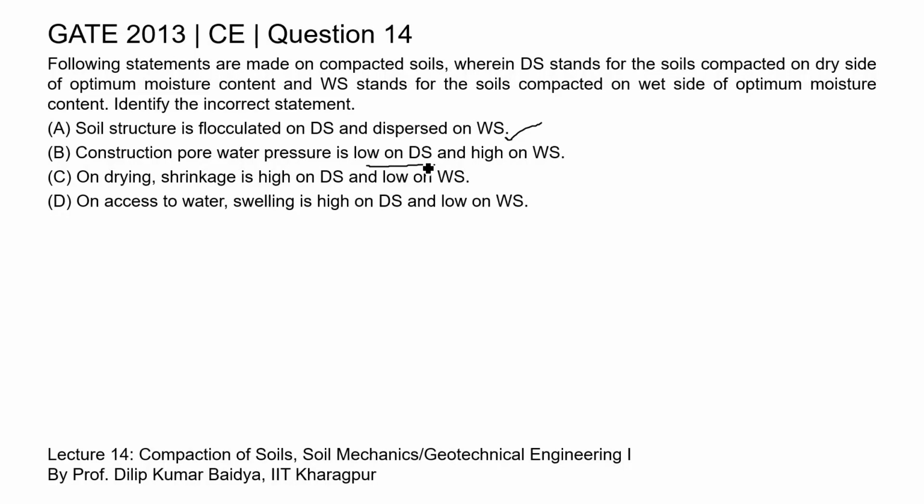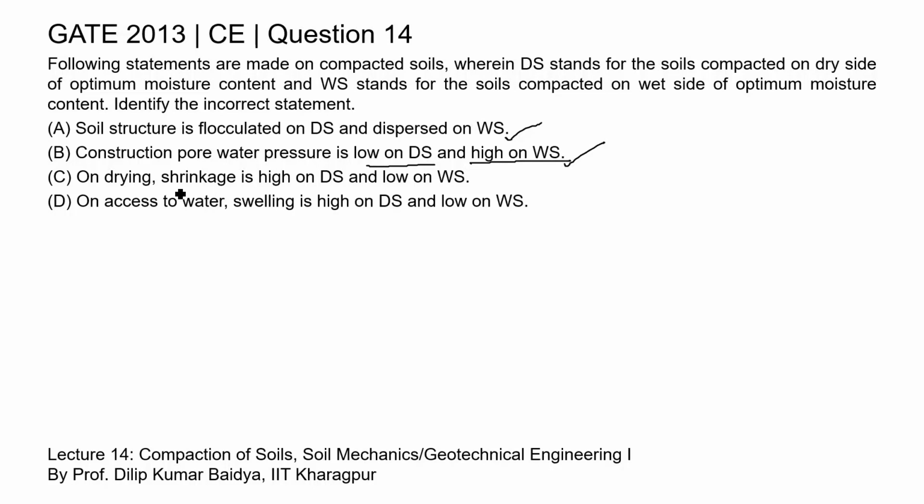Yes, as suction is generated, or we can say negative pore water pressure is induced in the dry side of optimum. In the dry side of optimum, the pore water pressure is low as compared to that of the wet side of optimum. So the statement given in option B is also correct.